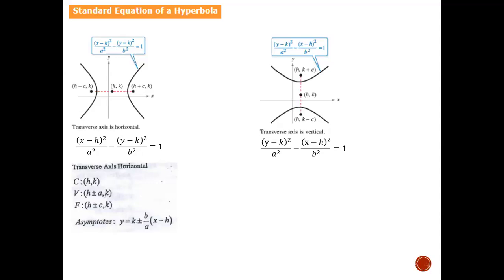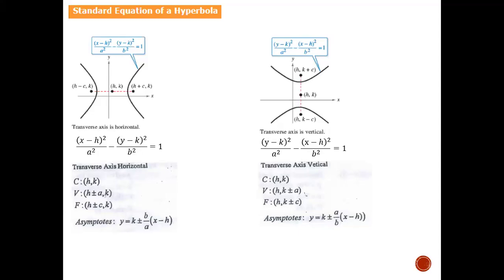Now the hyperbolas are also going to have asymptotes that define how wide these branches open. This is the formula to find the asymptotes. Very similarly, when the branches are opening upward and downward, we have a transverse axis which is a vertical line.